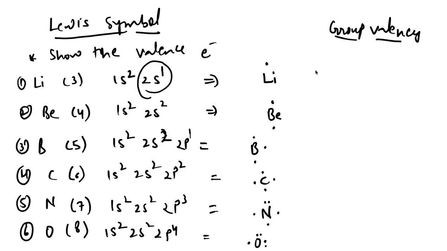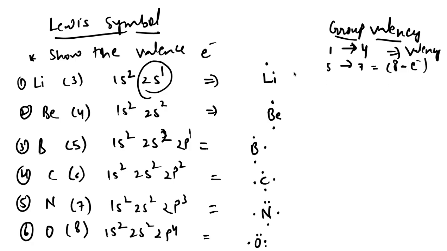So how do we get to know? If the number of electrons in the outermost shell is from 1 to 4, then that represents the valency of the element. And from 5 to 7, the valency is 8 minus the number of electrons there are.